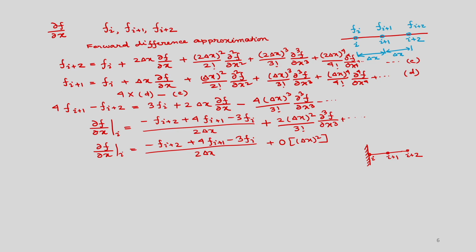Okay. So, similarly, if you want to use 3 backward points, so f i minus 1 and f i minus 2, then similarly you can find this derivative del f by del x using 3 values f i, f i minus 1 and f i minus 2. Okay. So, similarly, you use the Taylor series expansion for f i minus 2.